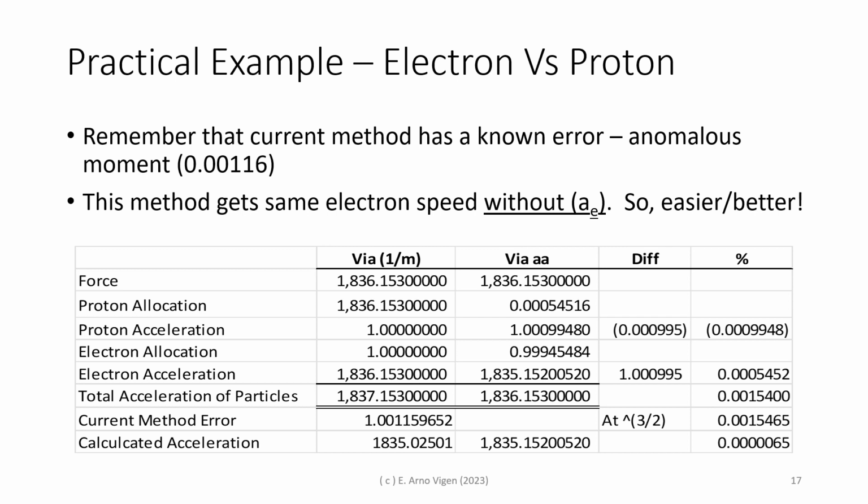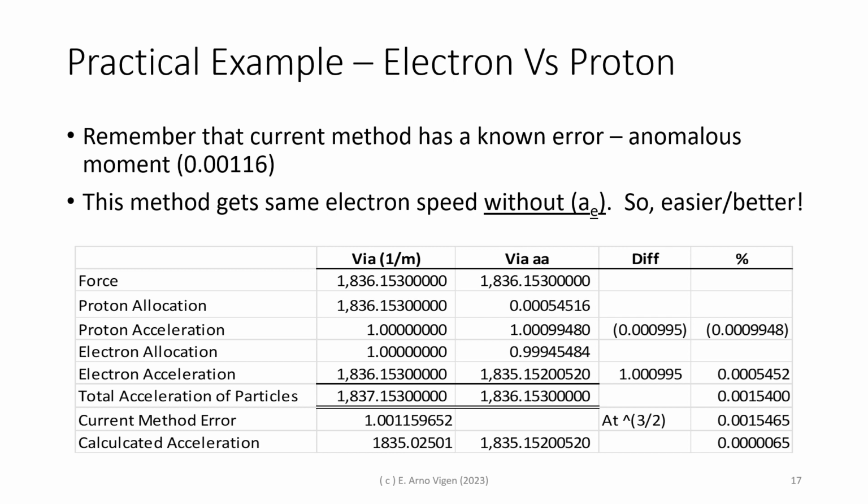These are all error correction takes. Now, so the anomalous moment is 0.00116, for example.